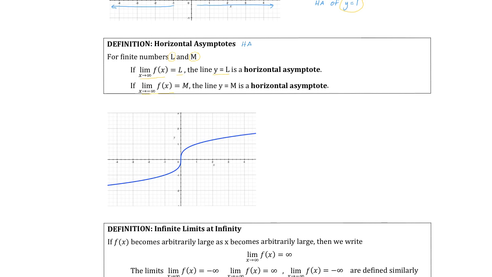If you take the limit as x goes to negative infinity, and that's equal to a number M, then y equal to the number M would also be a horizontal asymptote. Remember that horizontal asymptotes are describing the end behavior of a graph, and there are only 2 ends to a graph, so we can have, at most, 2 horizontal asymptotes. It's possible to not have any, or to just have 1, but at most 2.